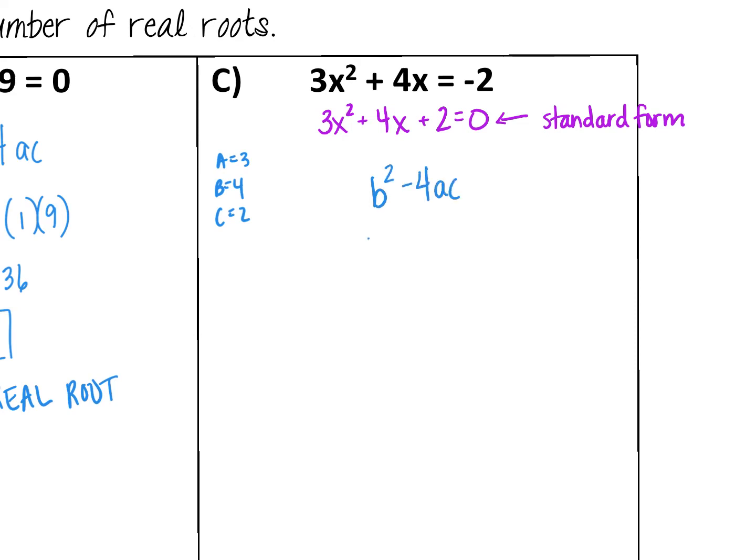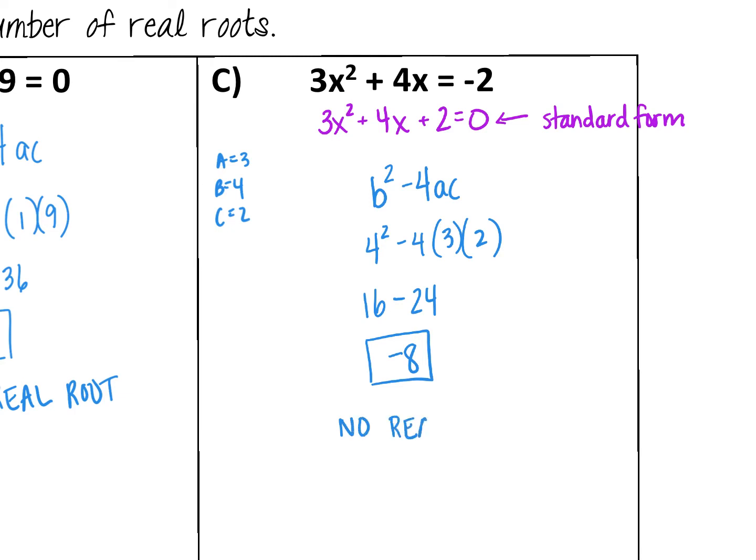So this time I have 4 squared minus 4 times 3 times 2. So 16 minus 24 is going to give me a negative 8. That's my discriminant. It's negative. Think about if you were to take the square root of a negative number, and you don't know how to do that yet, or maybe you do, but you haven't officially learned it in class yet. So there's no real roots here.